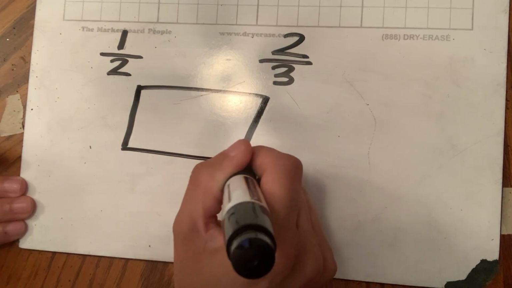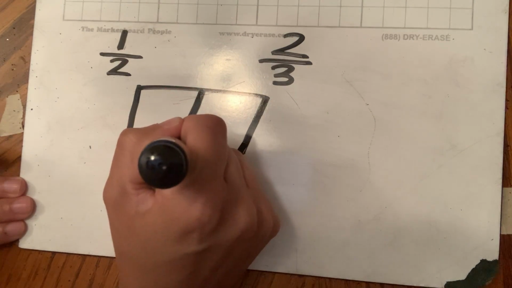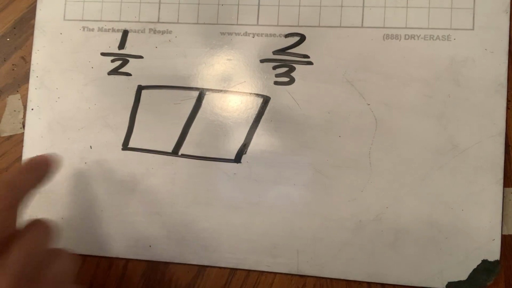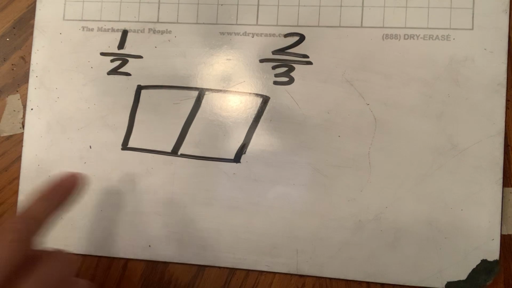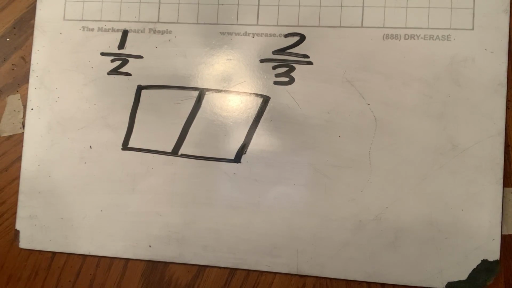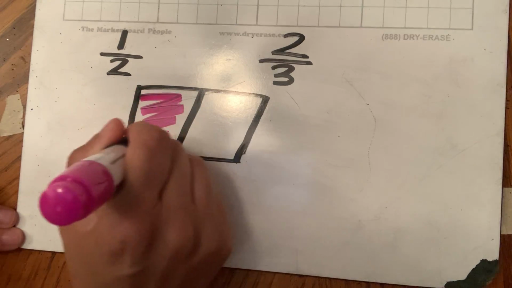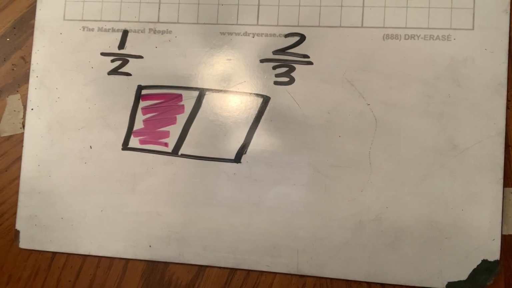I'll do my area model and I'll do 2 parts of my whole, right? Because that's the denominator. Oh, first, I forgot to shade. I have to shade my half, right? Of course.